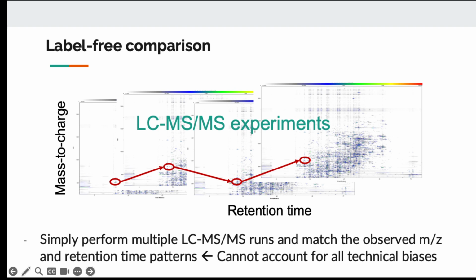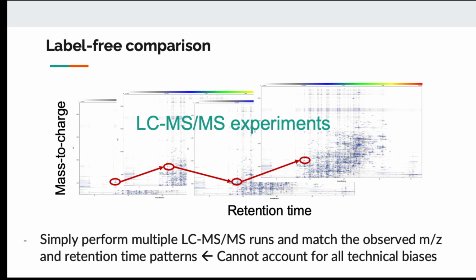We might allow plus or minus 5 minutes, and hopefully we can see the same protein peptide coming out across experiments, across runs. But this is not reliable. People found early on that this is not reliable. If you want to repeat your previous analysis, or if your lab buys a new liquid chromatography column, you can no longer compare from experiment to experiment.